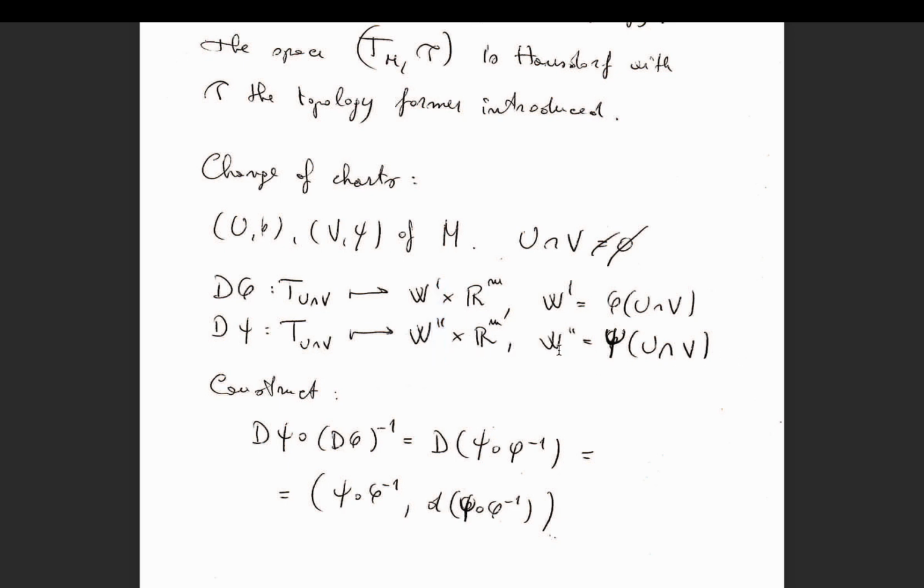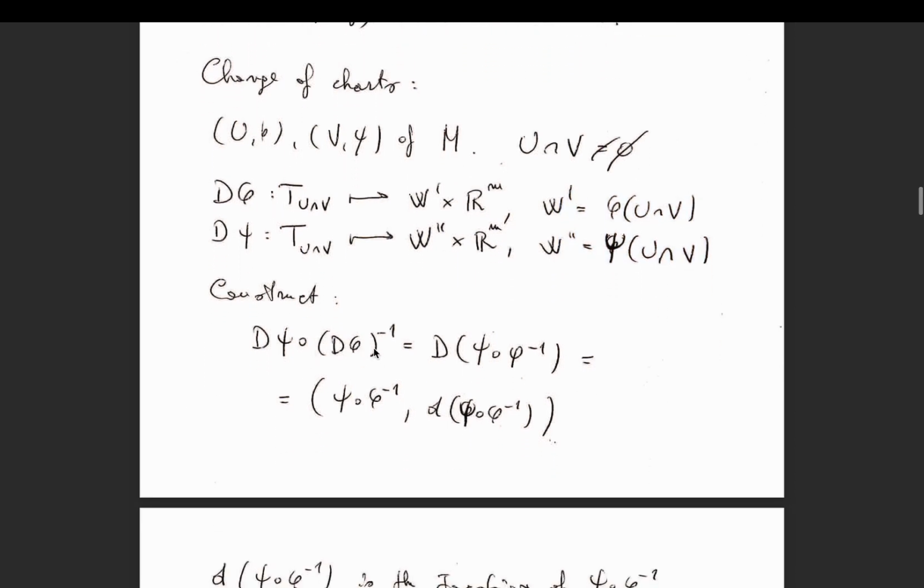We can construct the map Dψ composed with Dφ to the minus 1. A theorem says that this is actually equal to the couple (ψ∘φ^-1, small differential of ψ∘φ^-1).